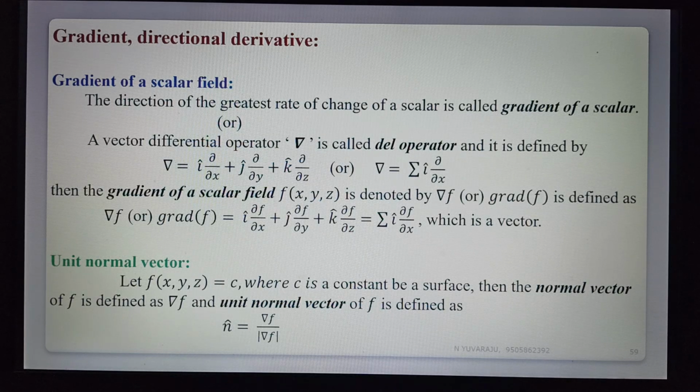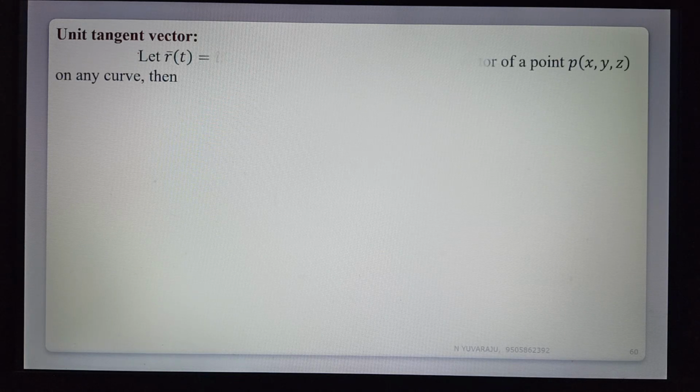Remaining definition: unit tangent vector. Let r bar equal i x of t plus j y of t plus k z of t be the position vector of a point p of x, y, z on any curve.